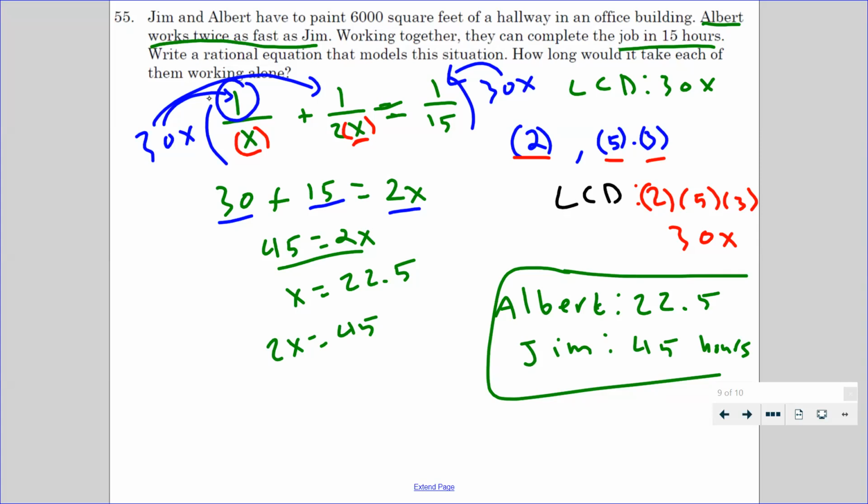Then you'd end up multiplying by 6,000 to put it back into 6,000 square feet of hallway. Okay, got it. Thank you. It really depends what you're setting everything to be. In these problems, we're just keeping it simple and saying 1 unit of work is painting that 6,000 square feet of hallway. Any other questions, guys? Are we okay? Ready to move on?